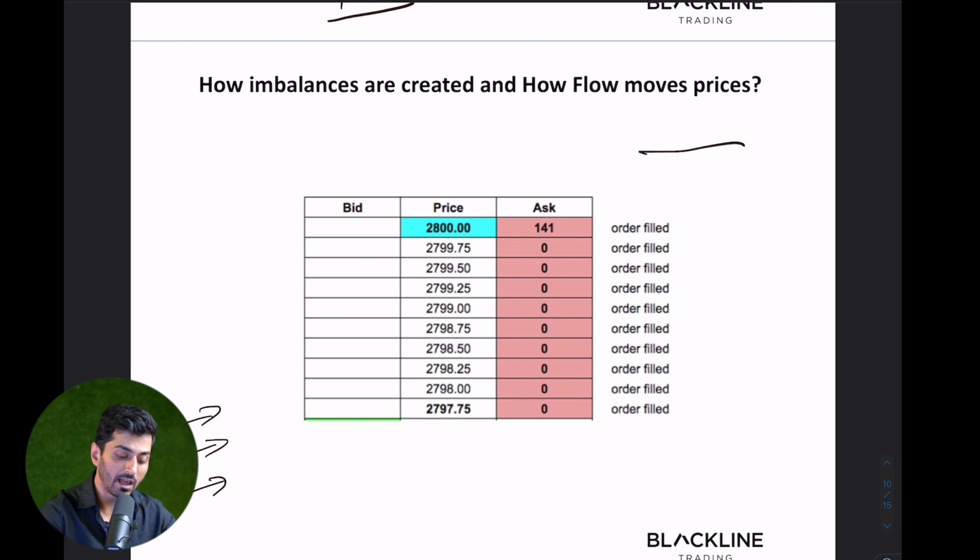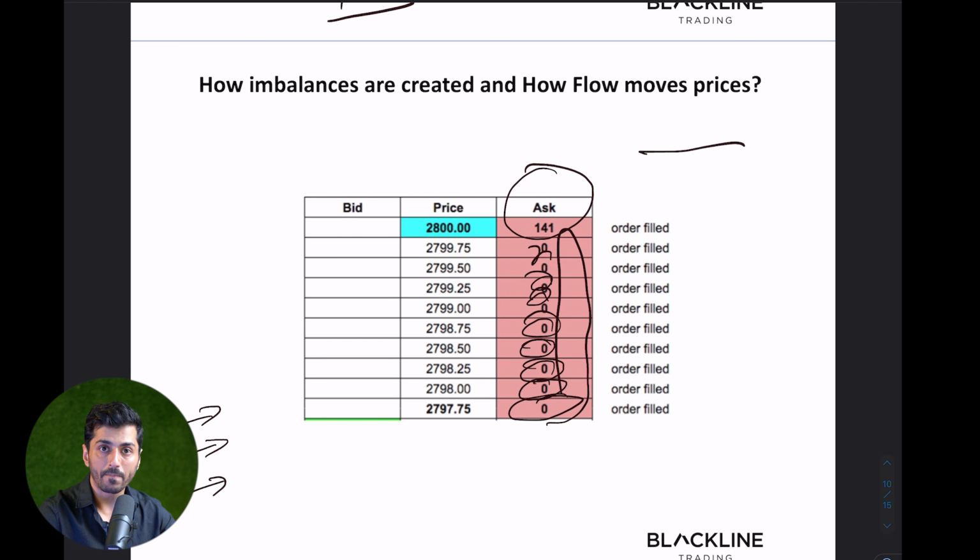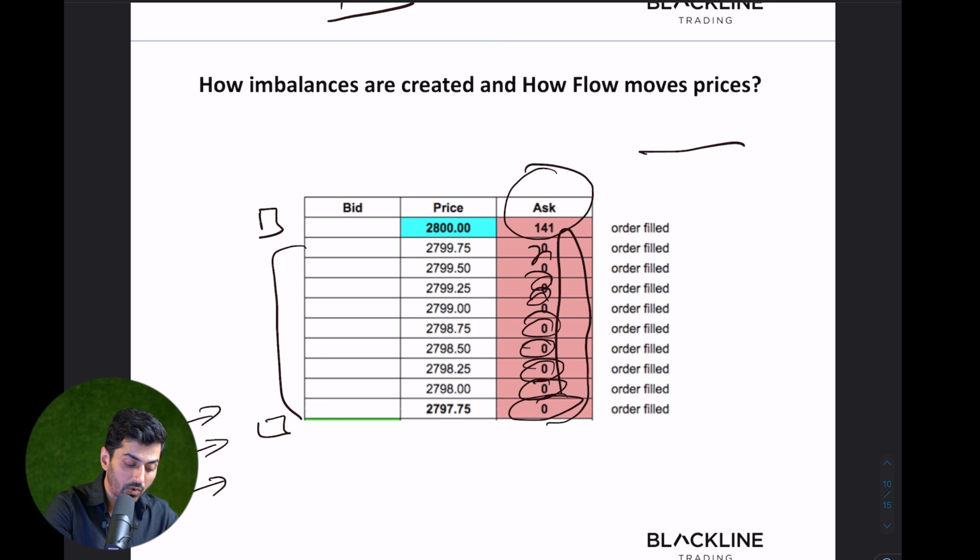And how will he get filled? Look at how the ask has changed. All these folks who were sitting here to get filled, all of those asks have been eaten up. So the big guy got filled. If you try to understand this chemistry at a deeper level, this move from here to here, because of the aggressiveness of the market order, has created a big imbalance.